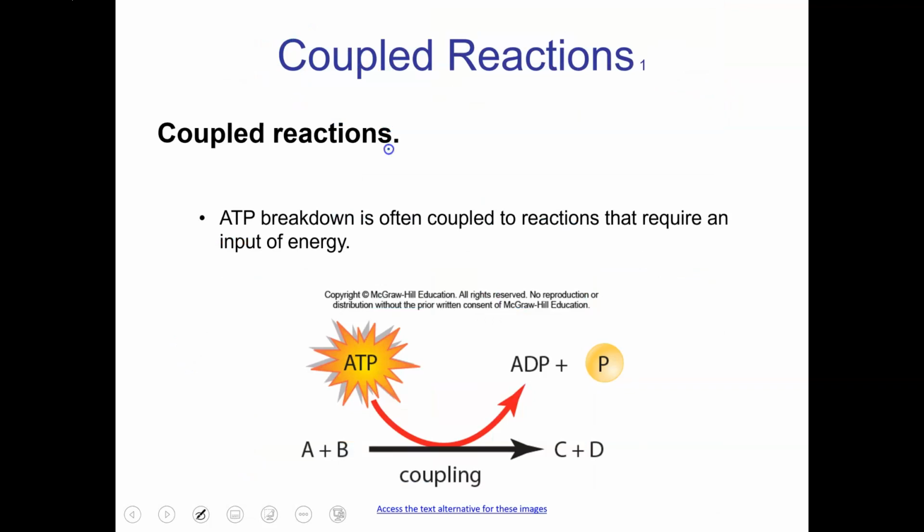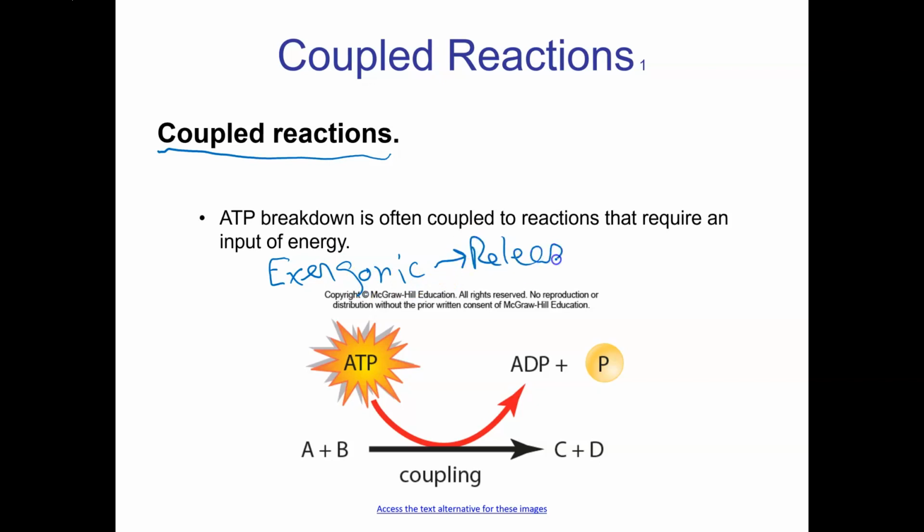So these reactions that require ATP are typically considered coupled reactions. So ATP breakdown is coupled typically with a reaction such as an exergonic reaction, which releases ATP energy, ATP, right?